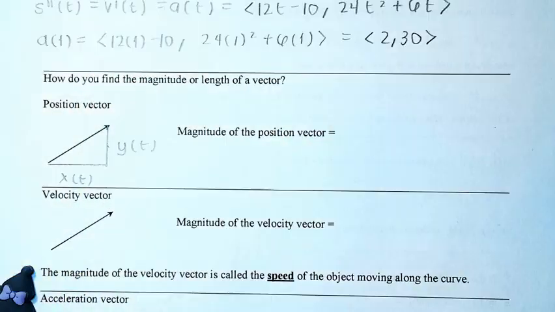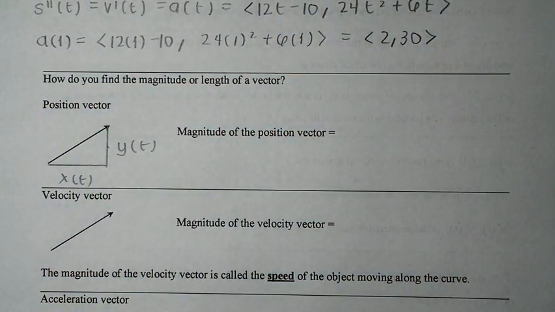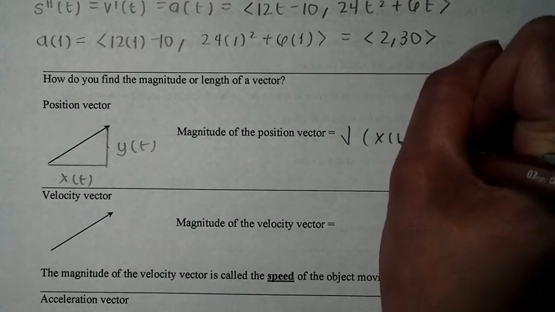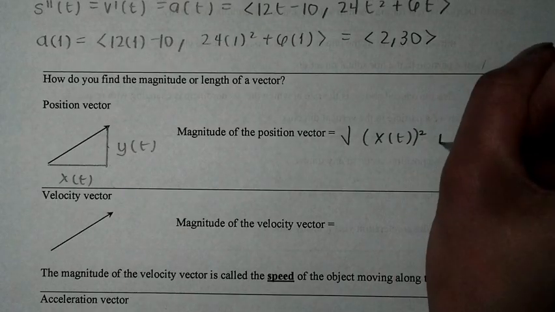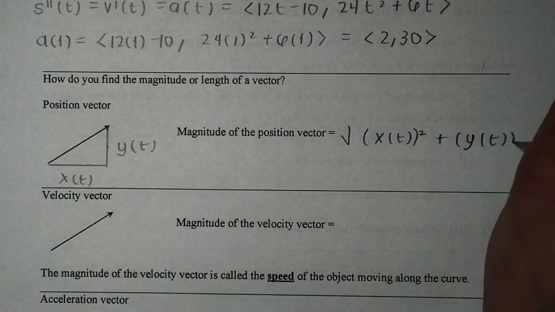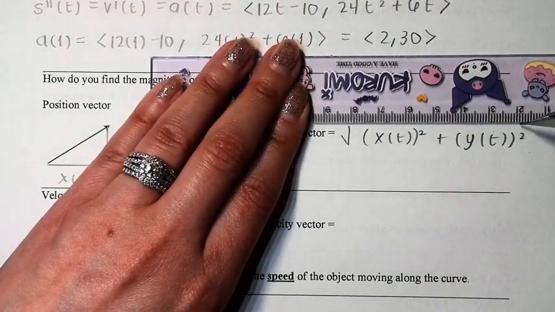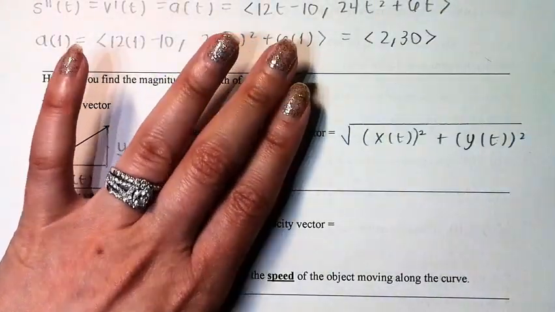Therefore, the magnitude of the position vector is the square root of x of t squared plus y of t squared, all inside the square root.